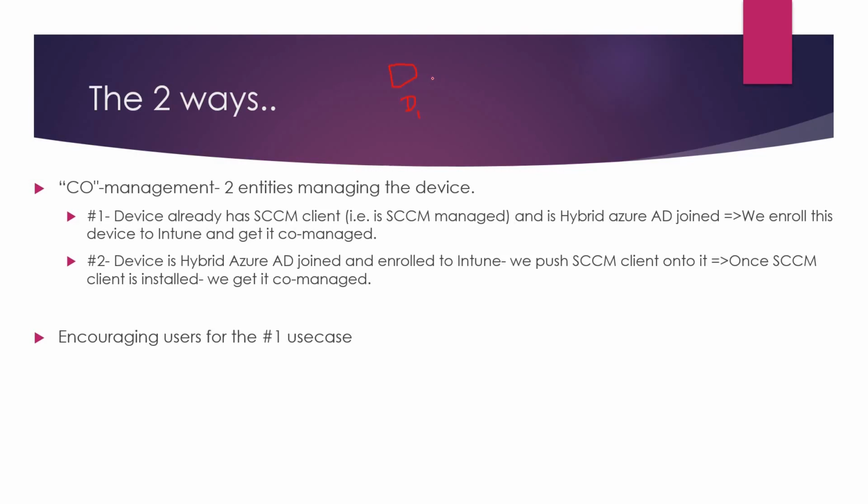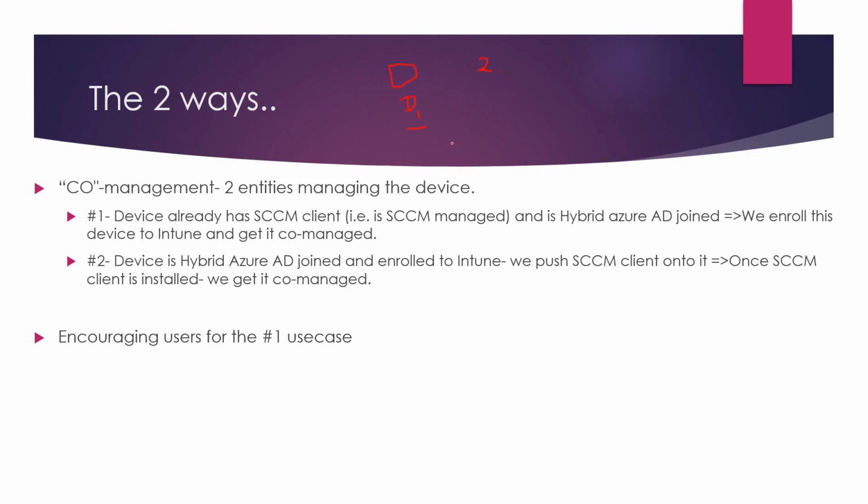So the two ways would be, first, this fresh device is joined to the domain. Once it is joined to the domain, it gets the SCCM client installed on it. Once it gets the SCCM client installed and is being managed via SCCM, the device now gets enrolled to Intune.